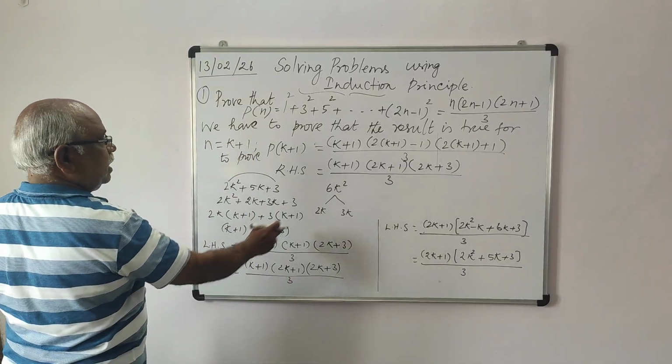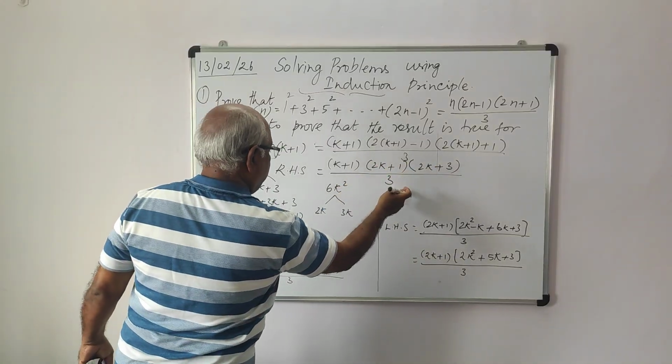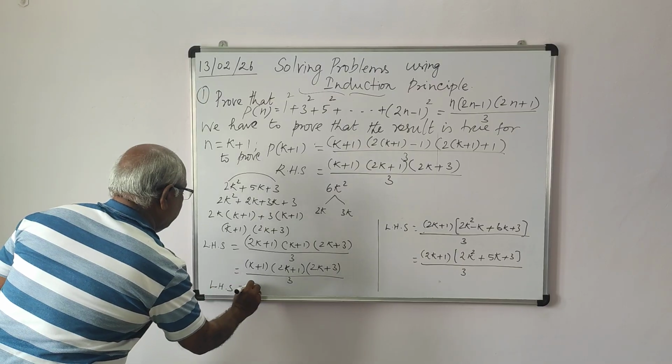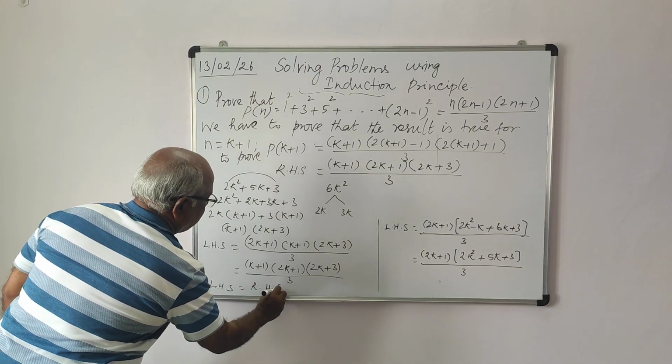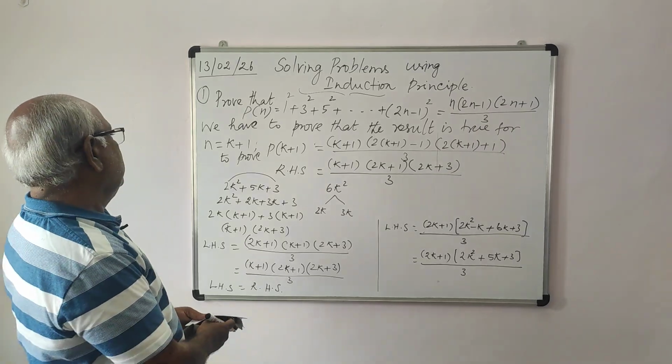See, left-hand side is k plus 1 into 2k plus 1 into 2k plus 3 by 3 denominator. Therefore, left-hand side equals right-hand side. Therefore, the result is true for n equal to k plus 1.